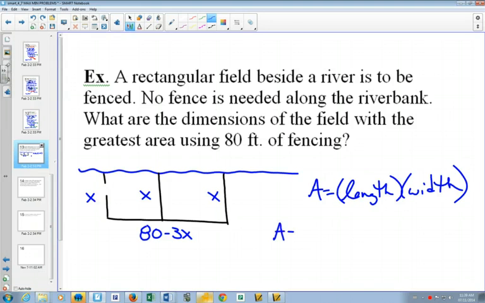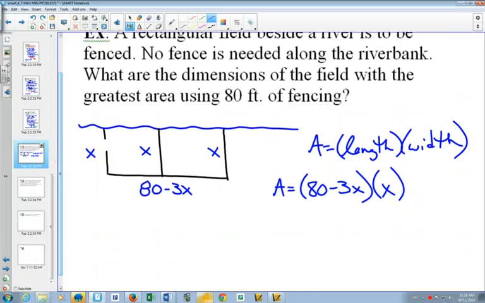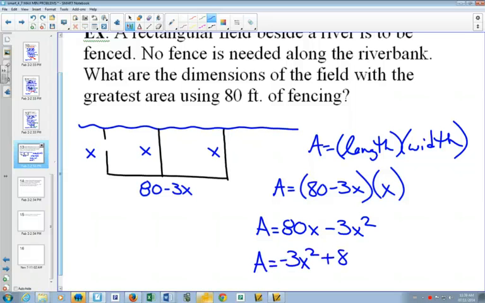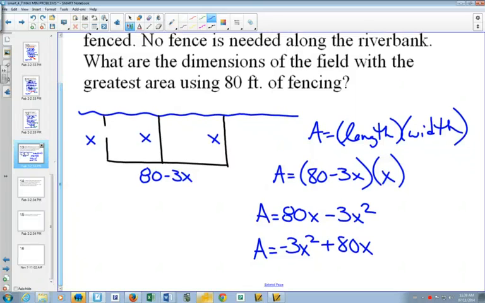So now our length is 80 minus 3x, and our width is x, and we can complete the square. Multiply it through. Ooh, we're going to get some fun fractions. This is good practice with fractions. Fractions don't suck.